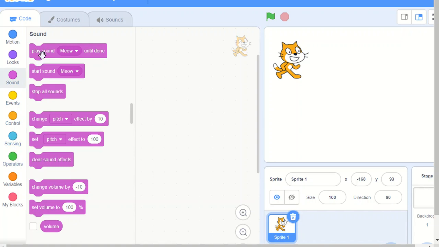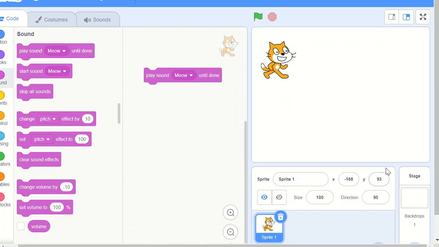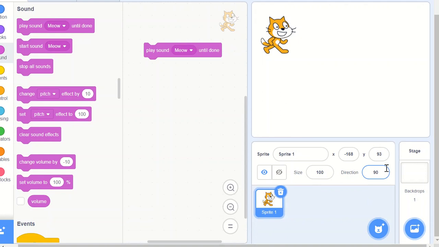If I want to use these instructions, then we simply drag and drop them into the script area. This is the area where we write the instructions, and the collection of these instructions makes a script or a program. Then next we learned how we can have multiple sprites on the stage.